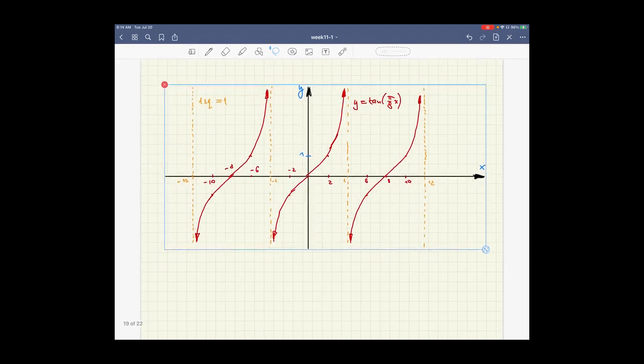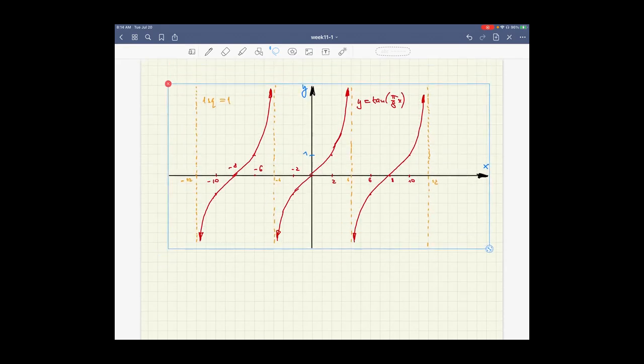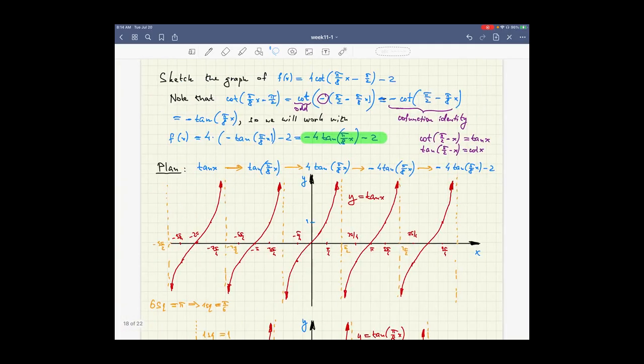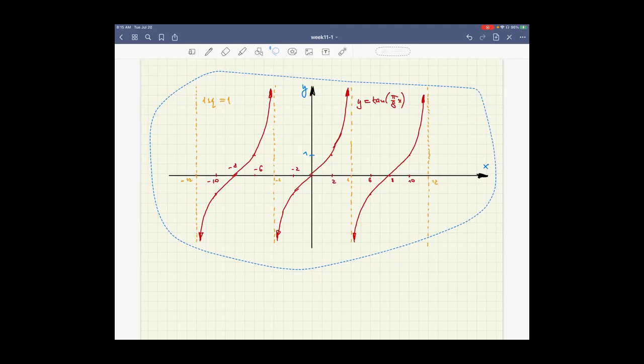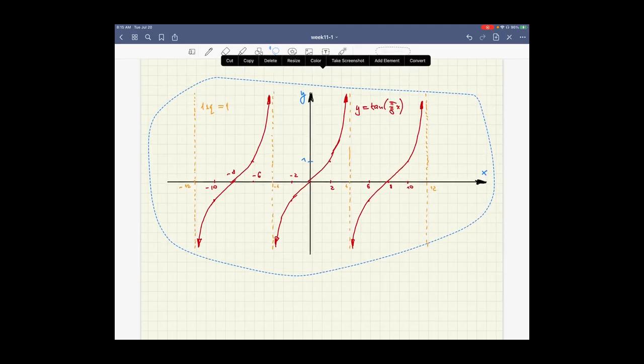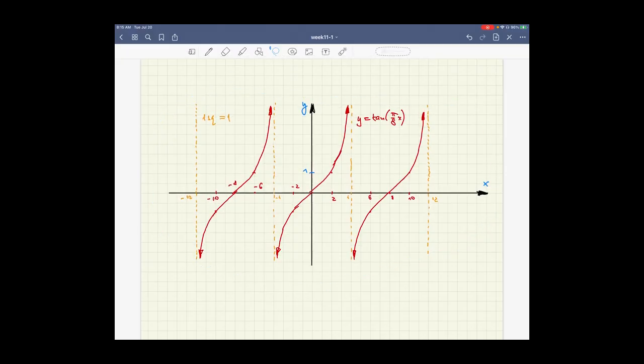And so the next transformation we need to do is what? Vertical stretch by a factor of 4. So that doesn't change the asymptotes, but it will change the curves.